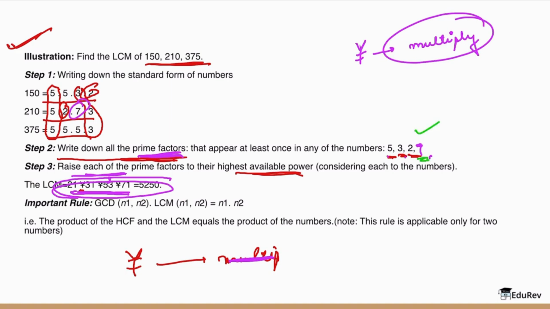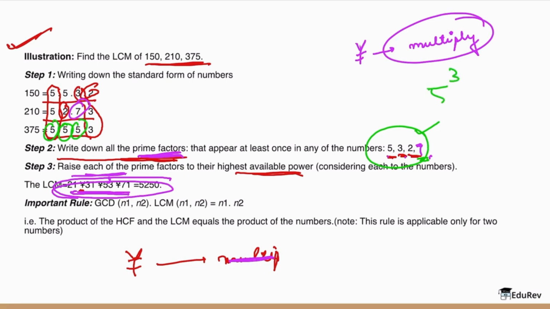So 7 came. Now I need to find the highest power of these. 5 came the most times, three times, as you can see here: 1, 2 and 3. So 5 to the power 3.